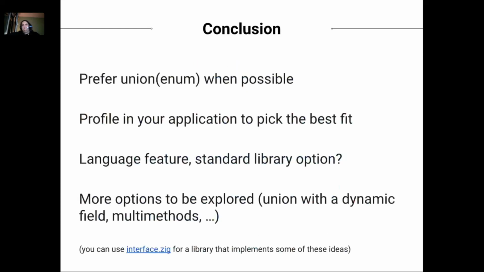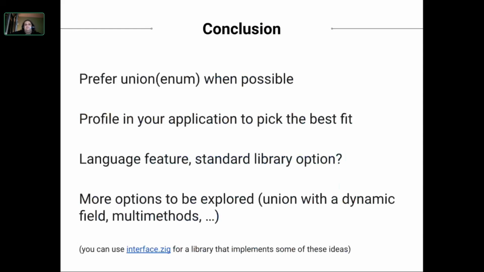All right. Conclusions. Prefer union when possible. I said you shouldn't use this micro benchmark to draw any conclusions, but I'll still say that unions are nice, simple. The compiler can figure them out really easily.